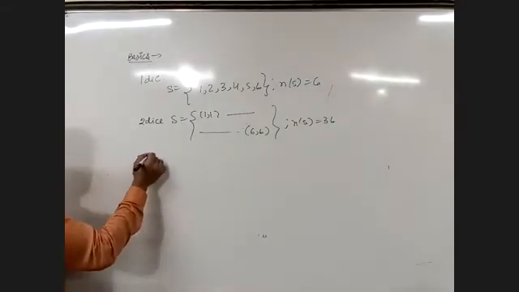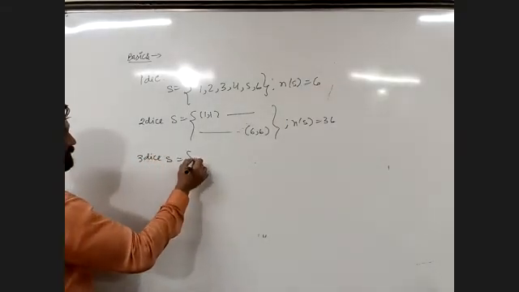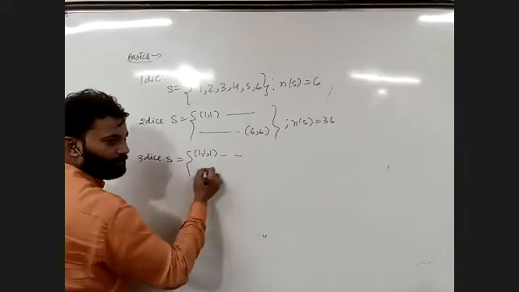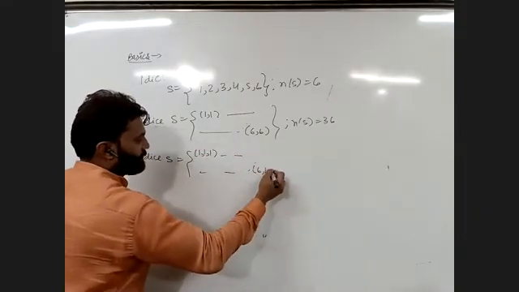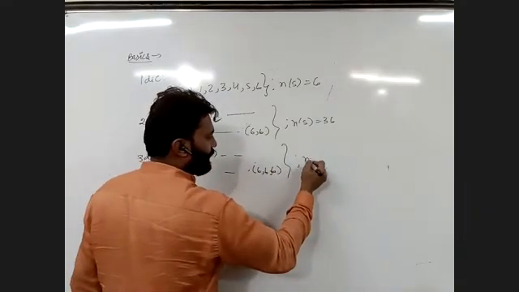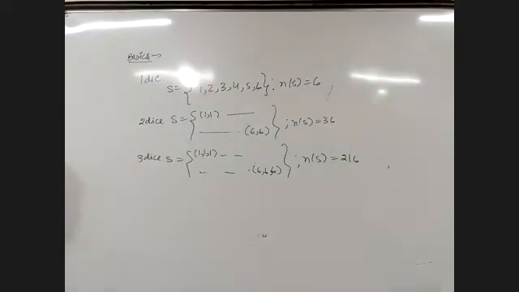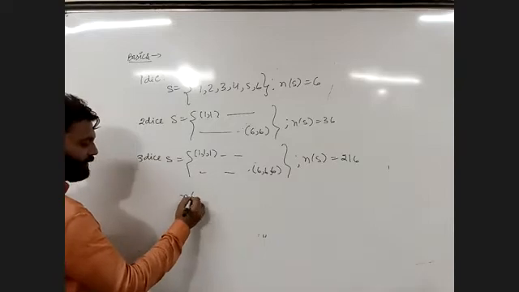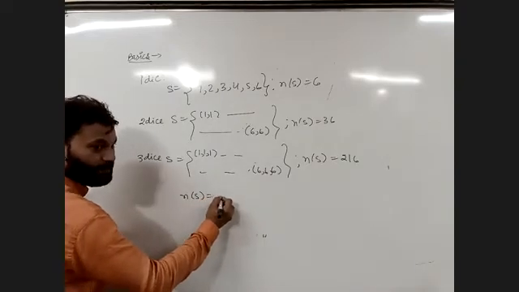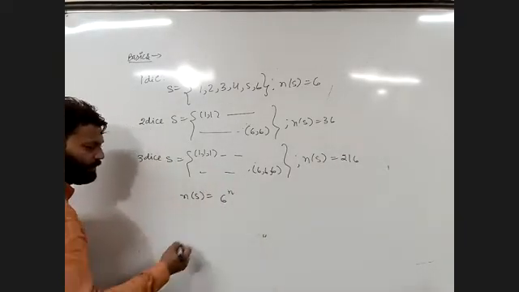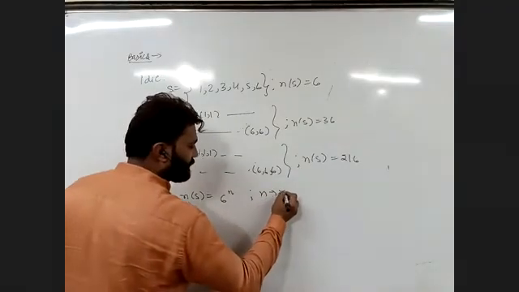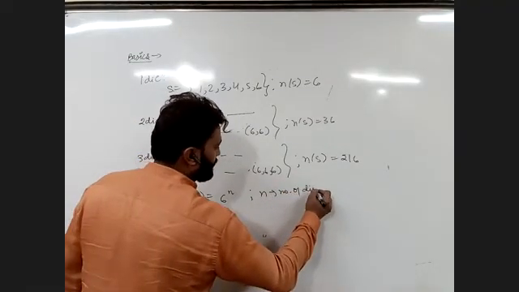In case of 3 dice, it is 111, 112, up to 666, and the number of elements is 6 raised to the power 3. So in general, the number of elements in the sample space is 6 raised to the power n, where n represents the number of dice.